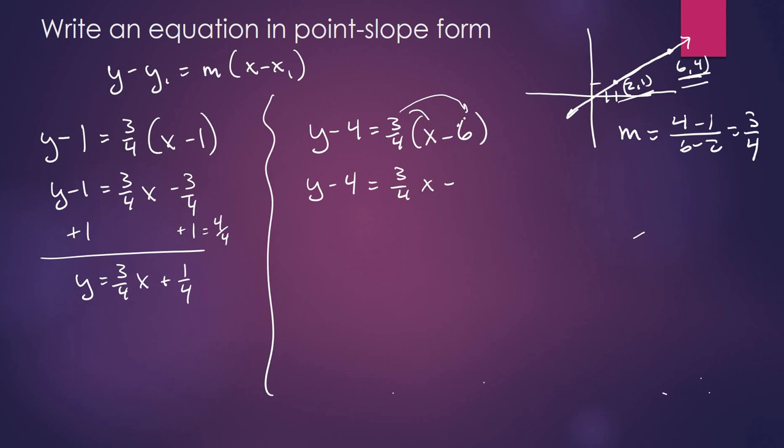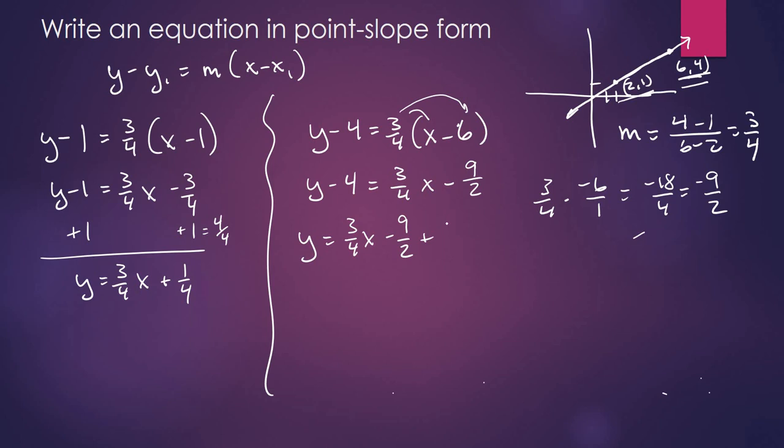Let me see, negative 9/2, excuse me. 3/4 times negative 6 over 1 is negative 18/4, which is negative 9/2. All right, add the 4 to both sides. Y equals 3/4 x minus 9/2 plus 4, and 4 would be 8/2. So I get y equals, oh, I did something wrong.